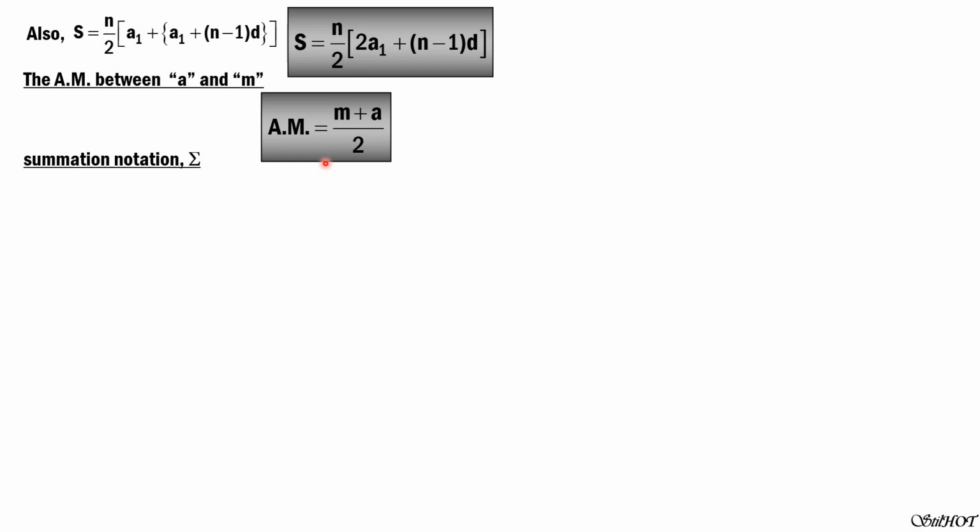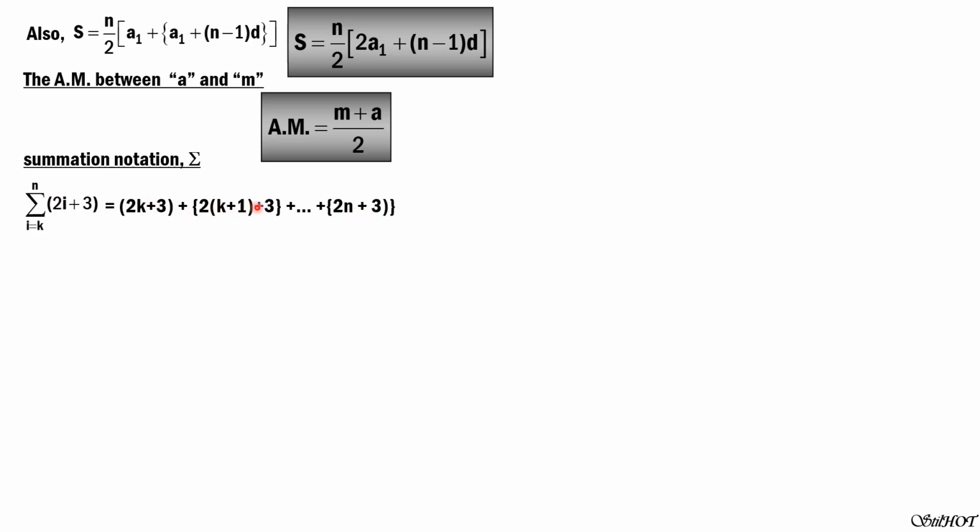The second term would be 2 times k plus 1, plus 3. And in general, the last term would be 2n plus 3. So all you have to do is first substitute i equal to k, then the next is k plus 1, so 2 times k plus 1, then plus 3, plus dot dot dot, plus the last term, which is when i is n, 2n plus 3.